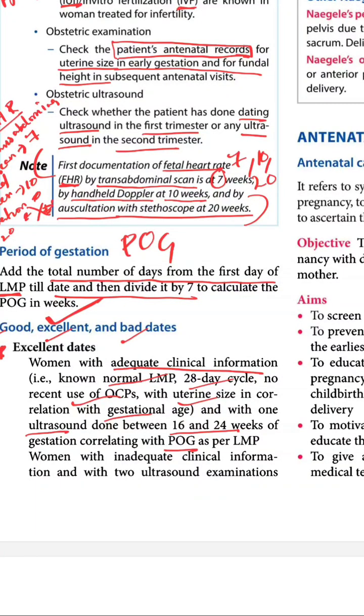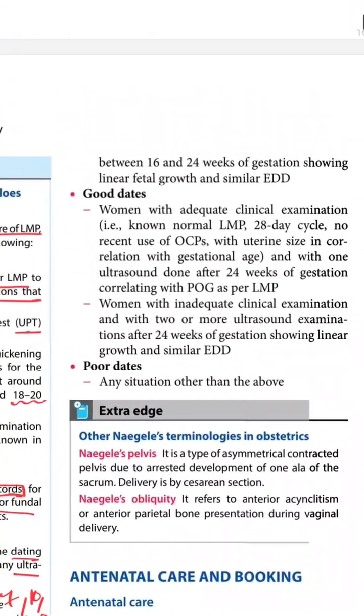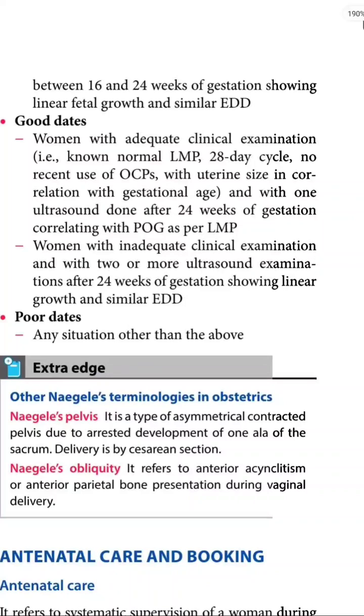So women with inadequate clinical information and with 2 ultrasound examinations between 16 and 24 weeks of gestation showing linear fetal growth and similar EDD.